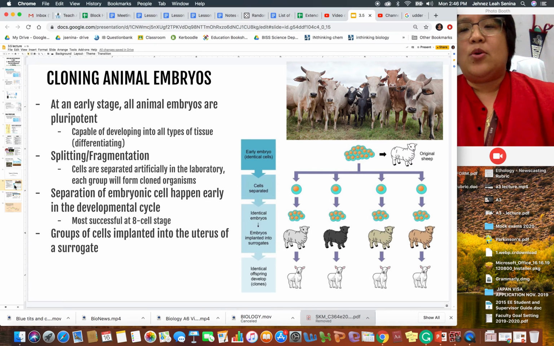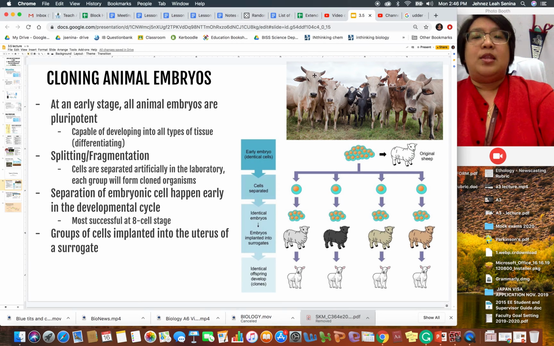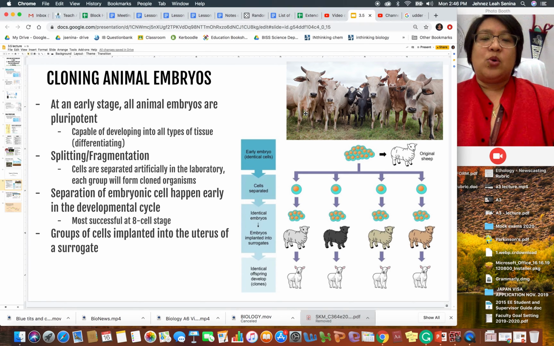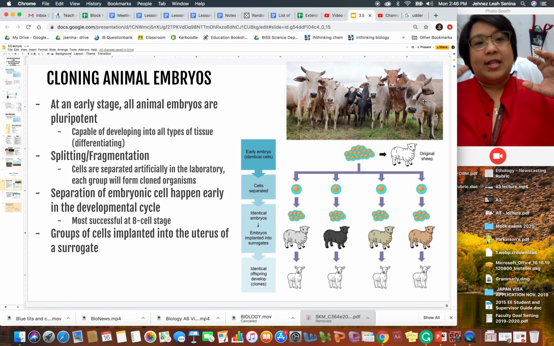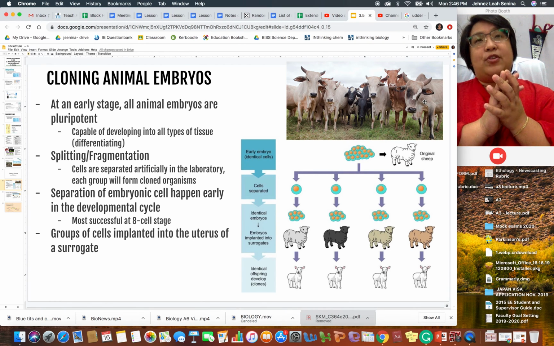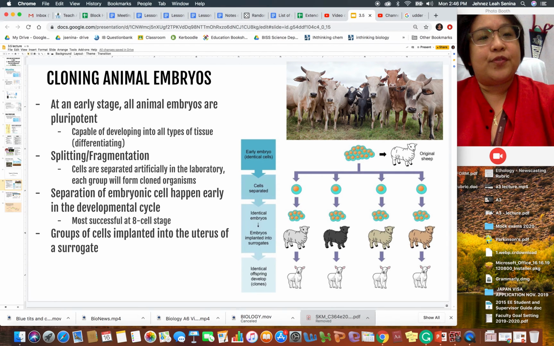So cloning embryos. Let's just say once upon a time, this cow and this cow are the best in my herd. So what I do is I get the egg cell of this and the sperm cell of this, and I grow it in the lab. So I fertilize it in the lab. In the first few weeks of fertilization, it grows an embryo.